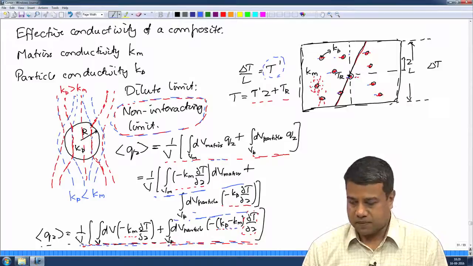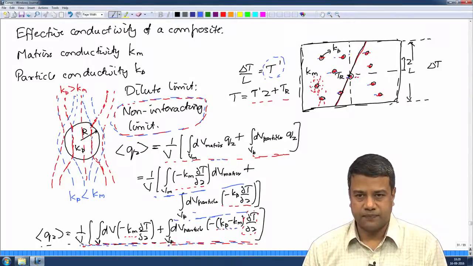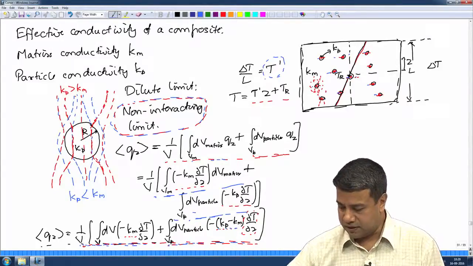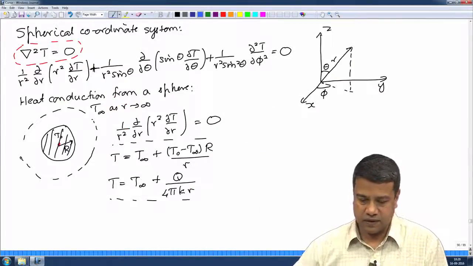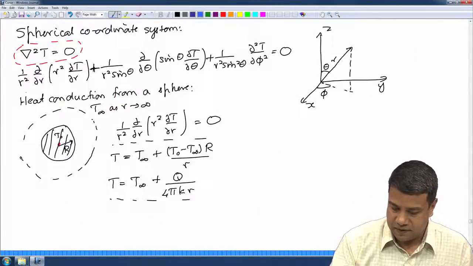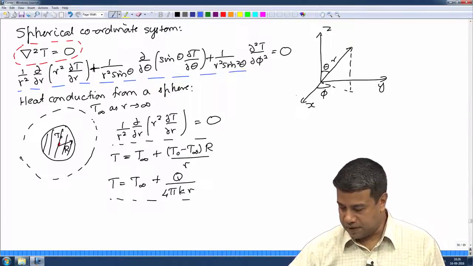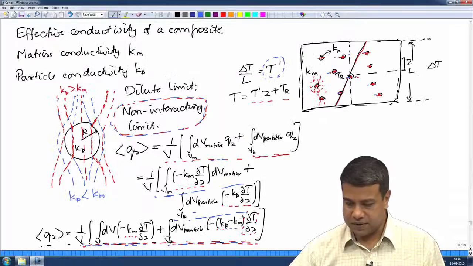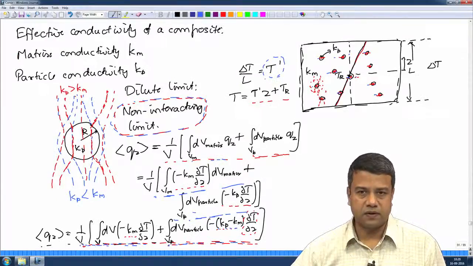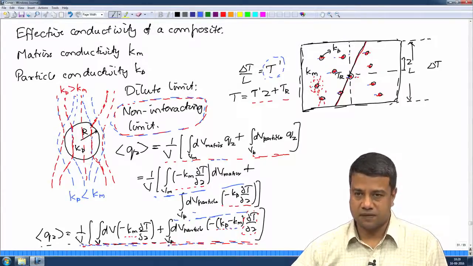We had also solved the problem in a spherical coordinate system. If you recall, we had derived the expression for del square in a spherical coordinate system, and on that basis we had used it in order to find the solutions for the temperature field for a sphere in a linear temperature gradient far from the surface of the sphere.